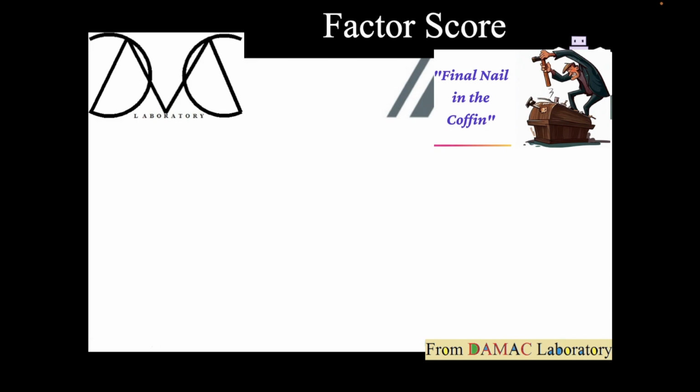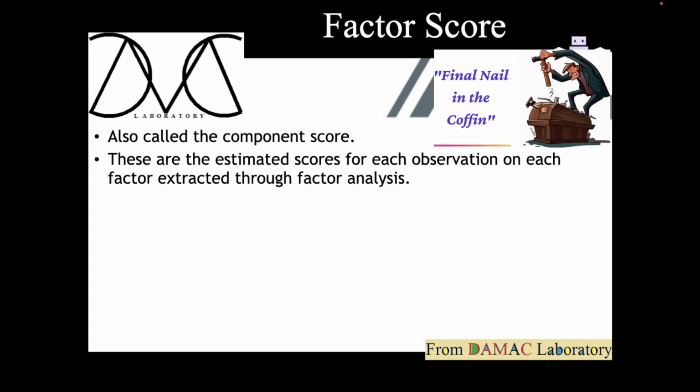So we have understood how many factors to create, which factor to relate with which variable, and now how the values of those factors will be evaluated. It is also called the component score, like the component matrix. These are estimated scores for each observation on each factor extracted through the factor analysis.